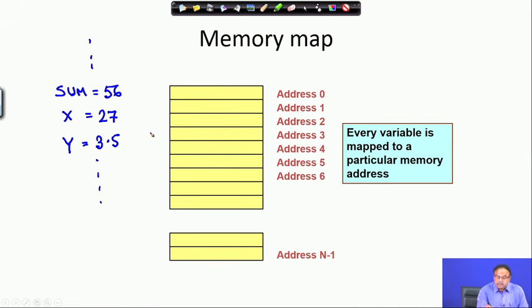Maybe sum can be allocated here, x is allocated here, y is allocated here, say.